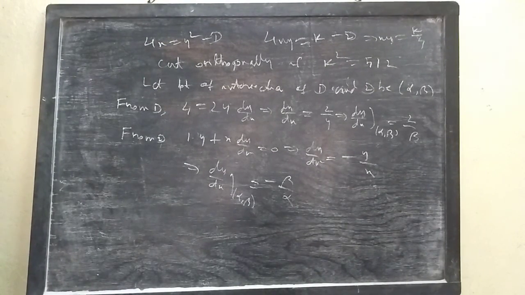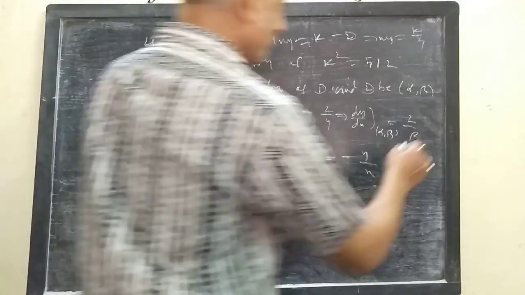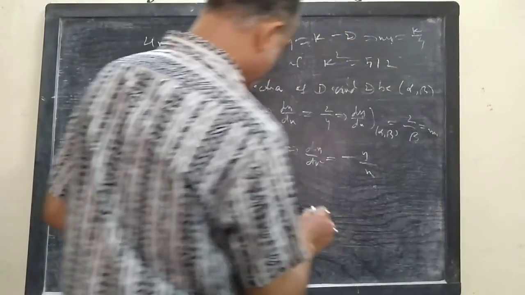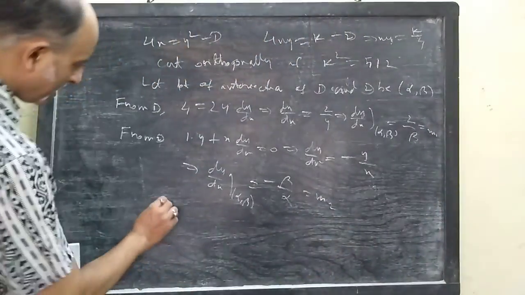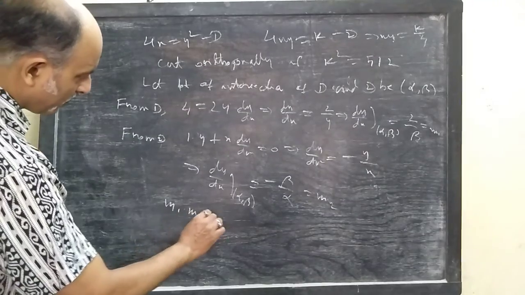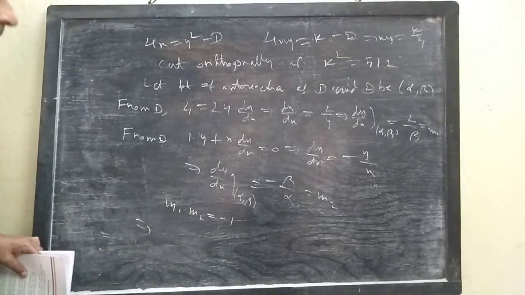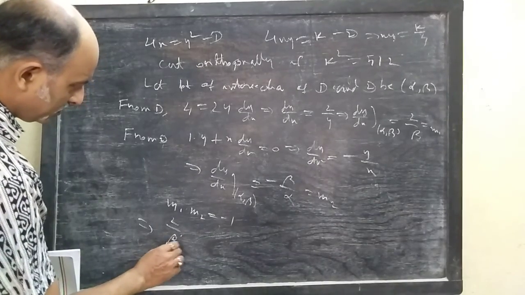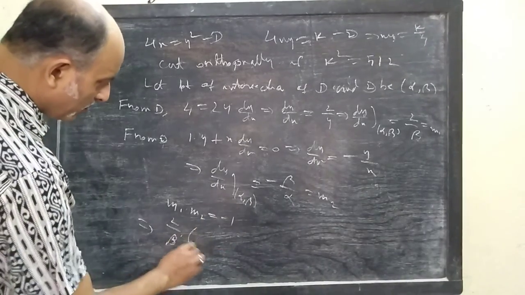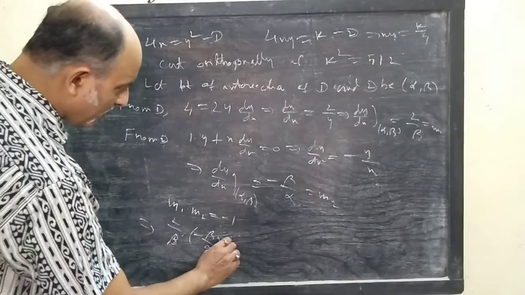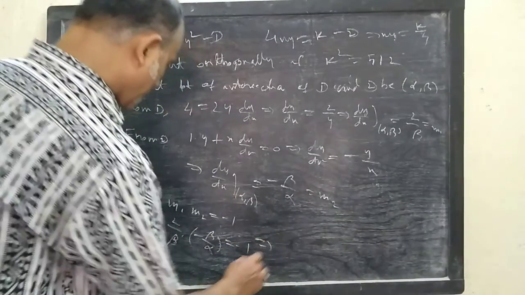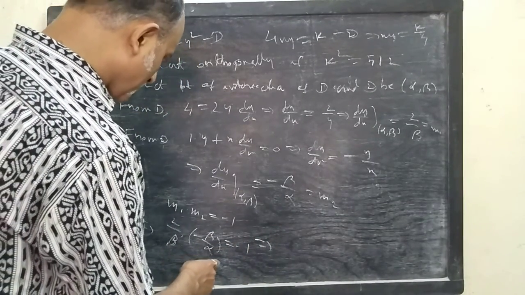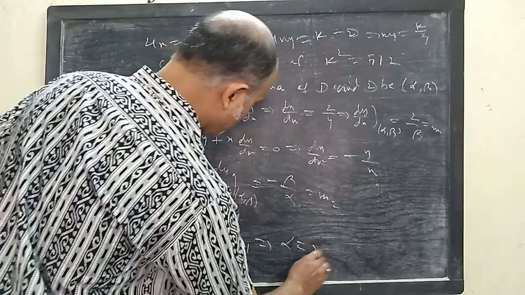Now for the curves 1 and 2 to be orthogonal, if you consider this as m1 and this as m2, we must have m1 into m2 equals minus 1. That implies 2 by beta into minus beta by alpha equals minus 1. That ultimately gives you 2 by alpha equals 1, so alpha equals 2.